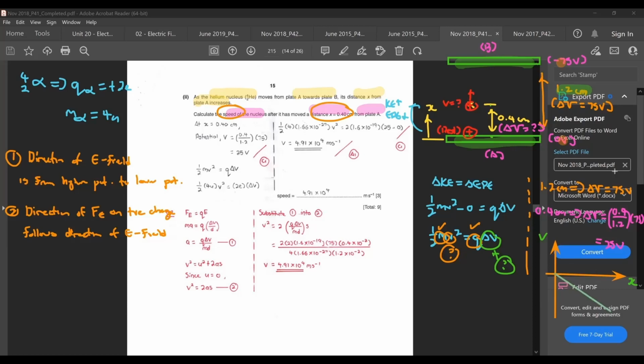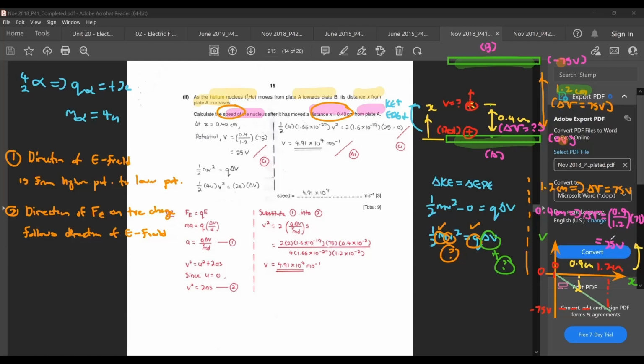Okay, it's going downwards because I know that at the x equals 0 mark, my potential is 0, but at the x equals d or 1.2 centimeter mark, my potential is negative 75 volts. I'm interested in a point somewhere in between here where you have 0.4 centimeter. So you can actually use a direct ratio method like this.